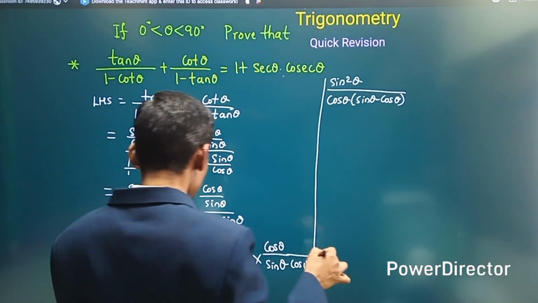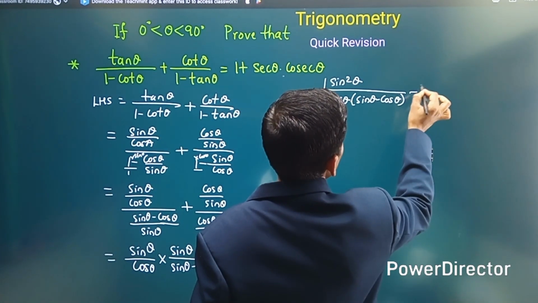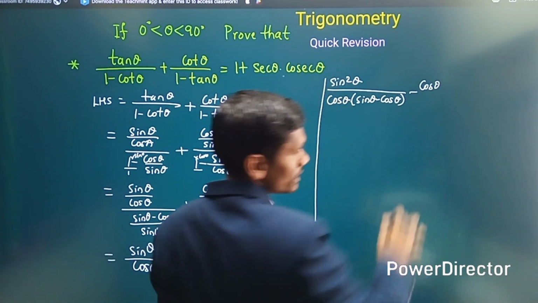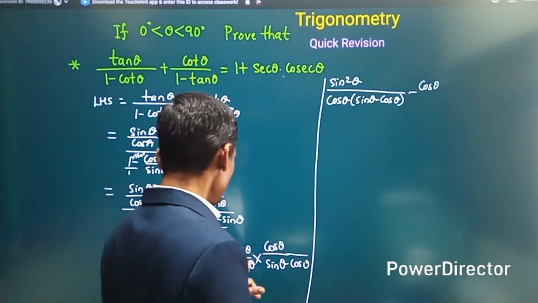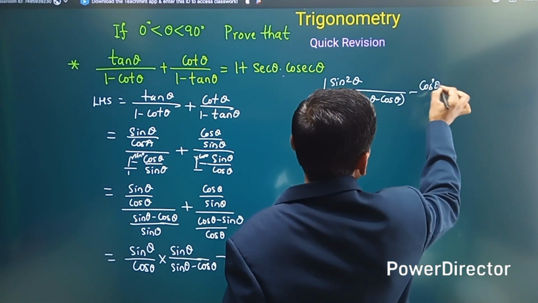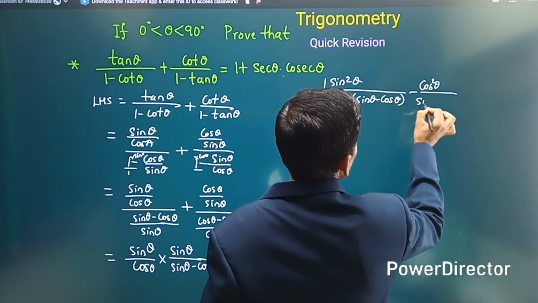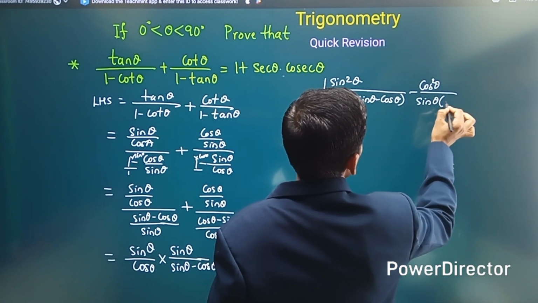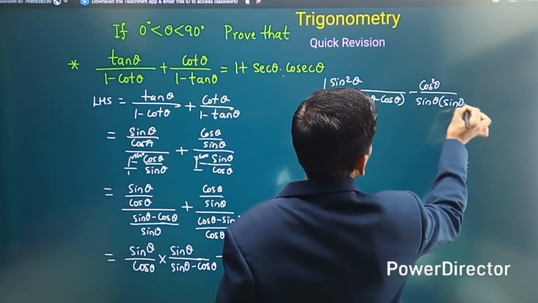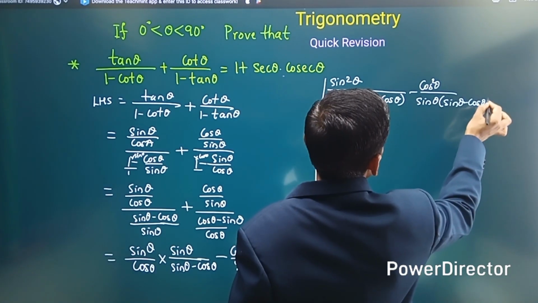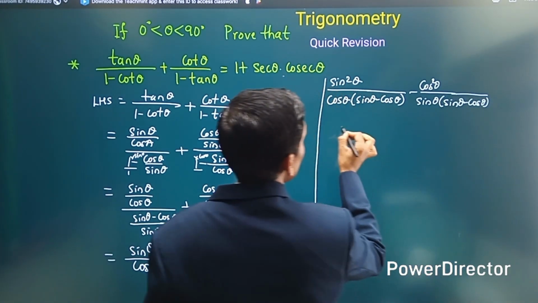Yes. Next minus cos theta, right? This is cos theta into cos theta, cos square theta divided by sin theta into sin theta minus cos theta, right? Like this we can write.